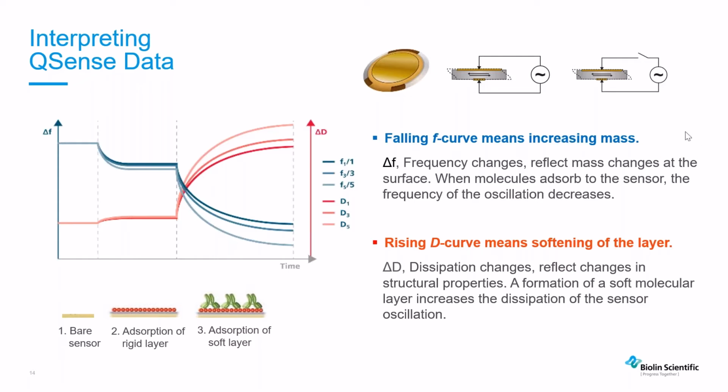So this is the working principle, how the machine actually gathers the data, and this can then be translated by the data analysis software into mass, thickness, viscosity, and elastic shear modulus.